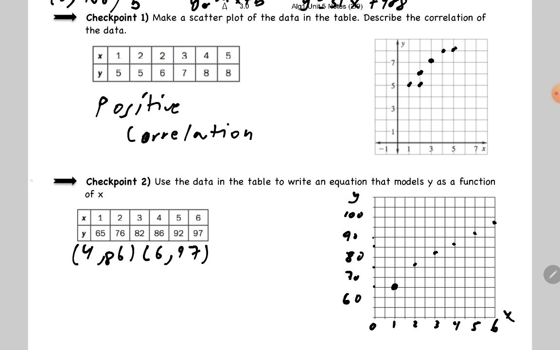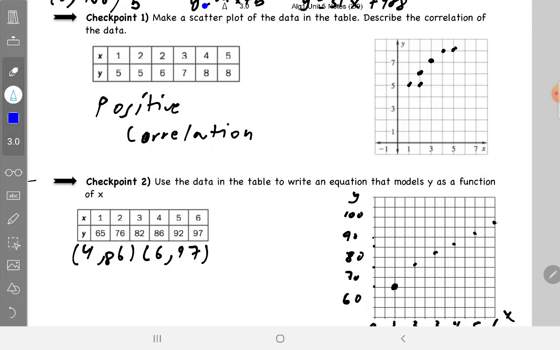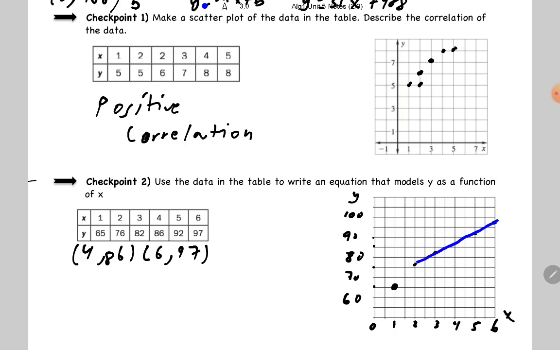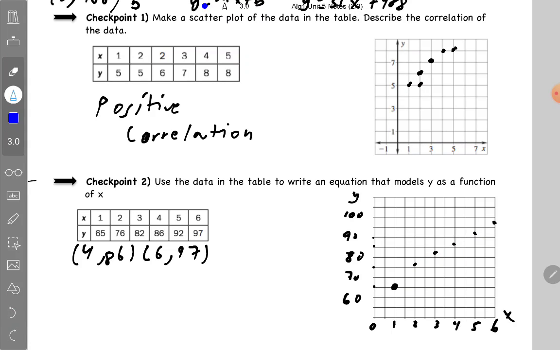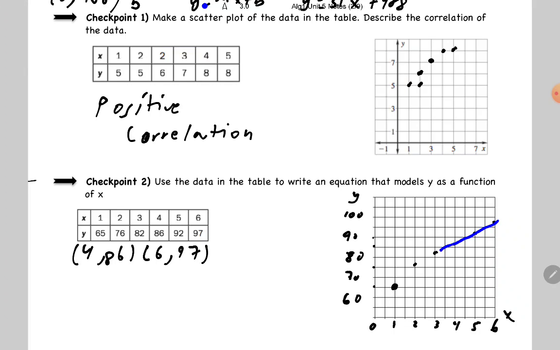Okay, and then I'm going to draw a line connecting those. Make sure you use a straight edge. Can I undo? Oh, I can. Cool. Alright, let's try this again. Yeah, please use a straight edge. Especially when you're doing this in your science class.